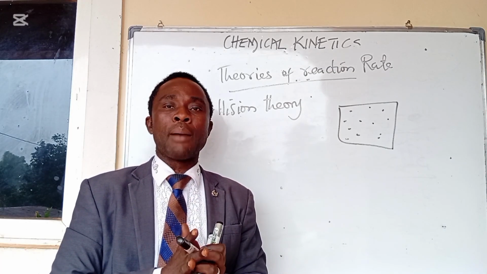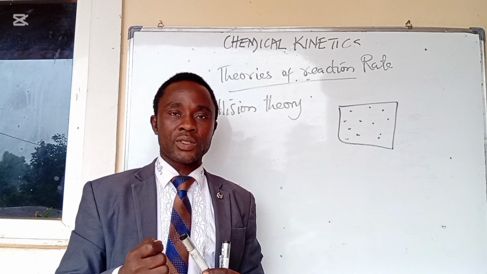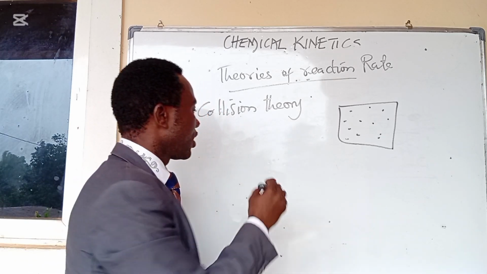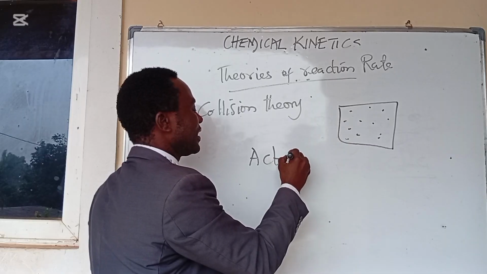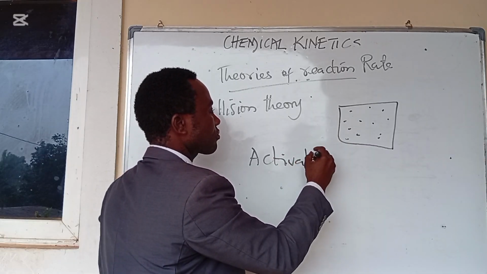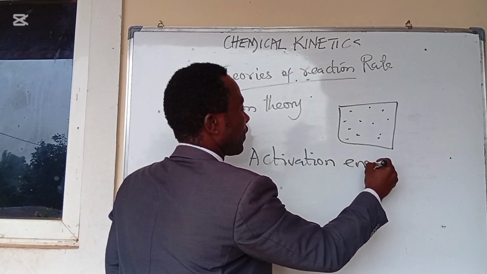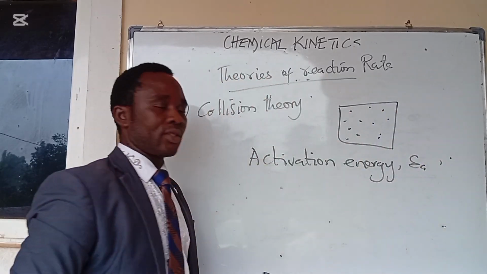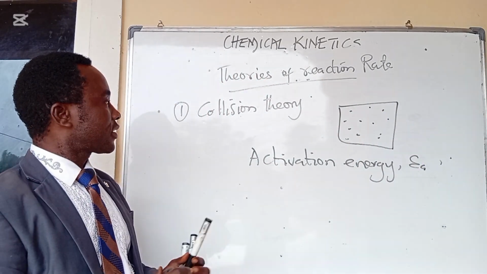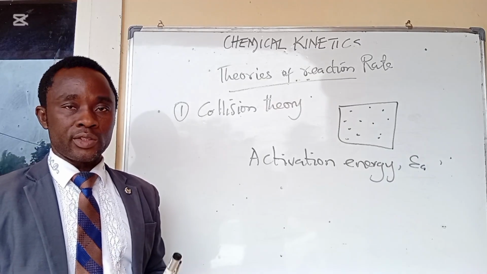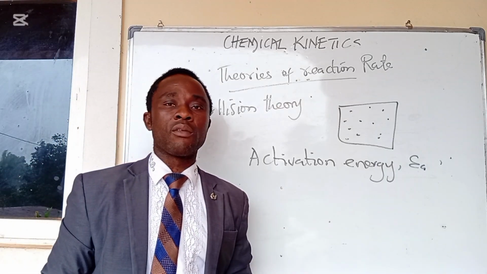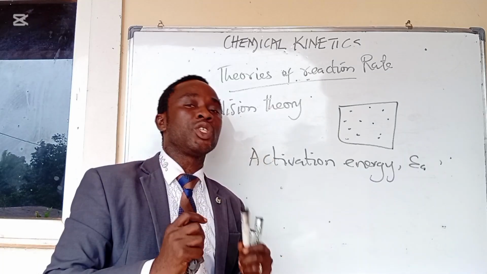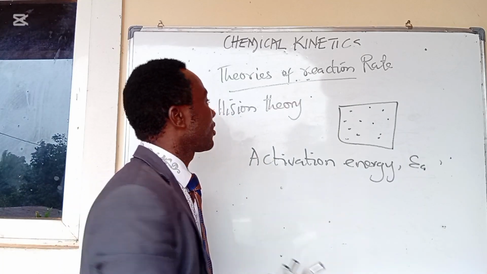That minimum energy that must be achieved before a chemical reaction can take place is what we call activation energy. So that is about collision theory. The more the frequency of collision, or the more the frequency of effective collision, the faster the rate of reaction.